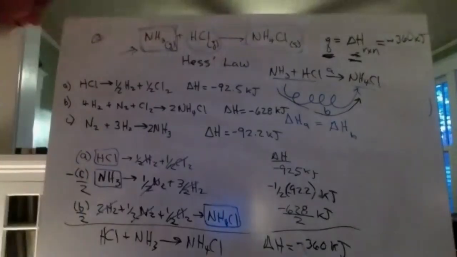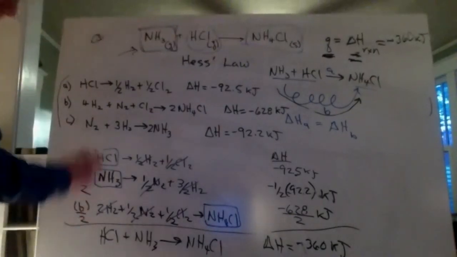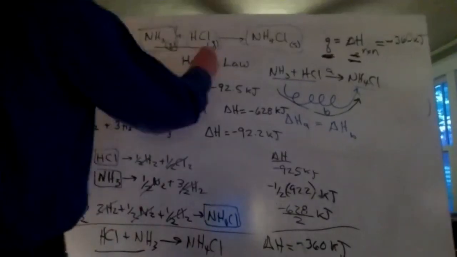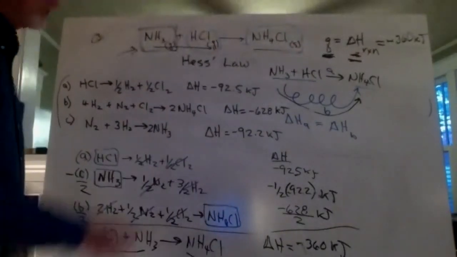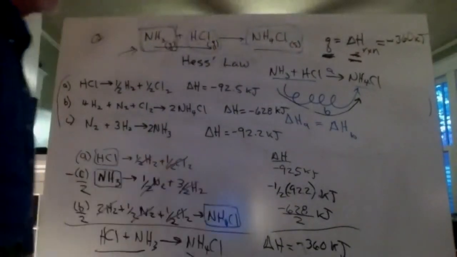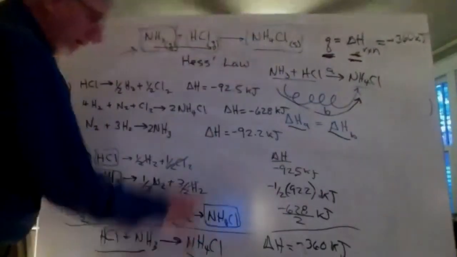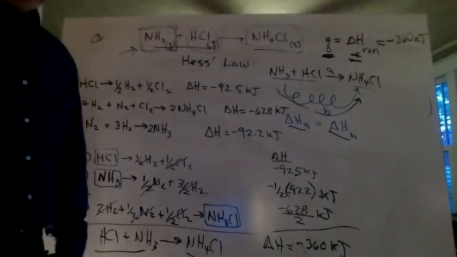And notice by adding these 3 reactions together in the way that we have them established here, we start at the same place and we end at the same place. So delta H will have to be the same for path A as it is for path B. Path B is what we did here, and path A would be the direct route that nature takes. And so we know the heat of that reaction.